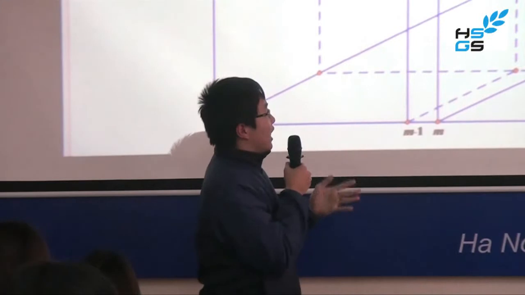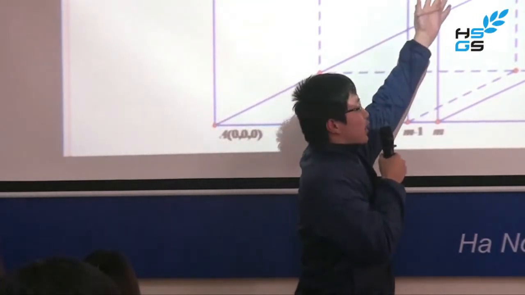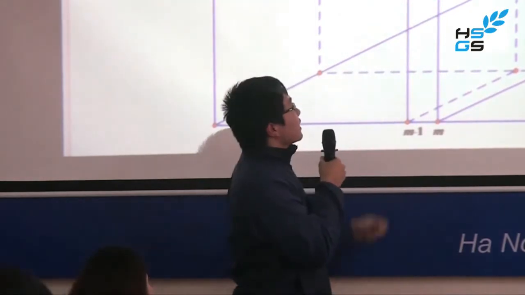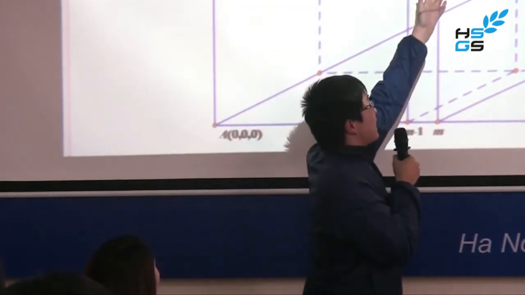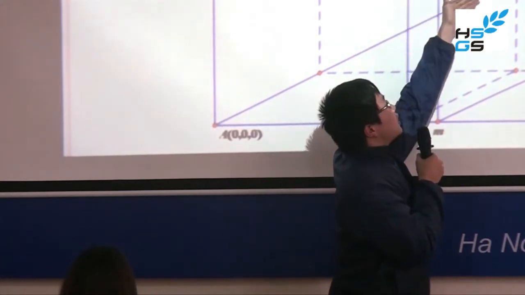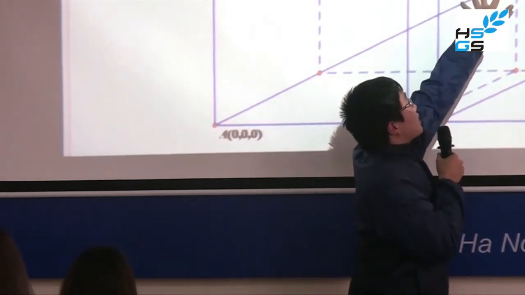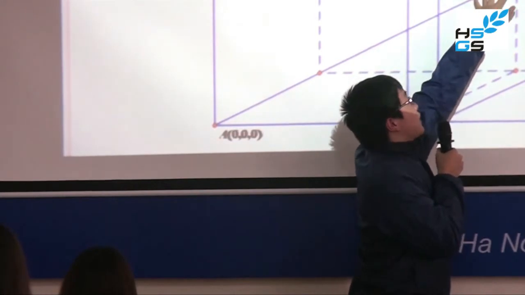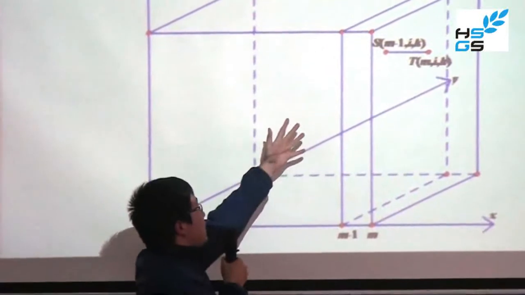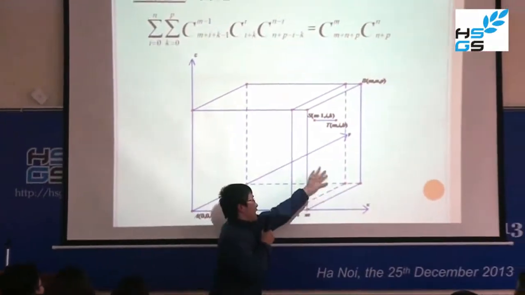So we can assume that S is the last point that we travel in this plane. And because S is the last point in this plane, after S we must move to a point T that has the coordinates n, i, and k. And so S can vary over all these planes.